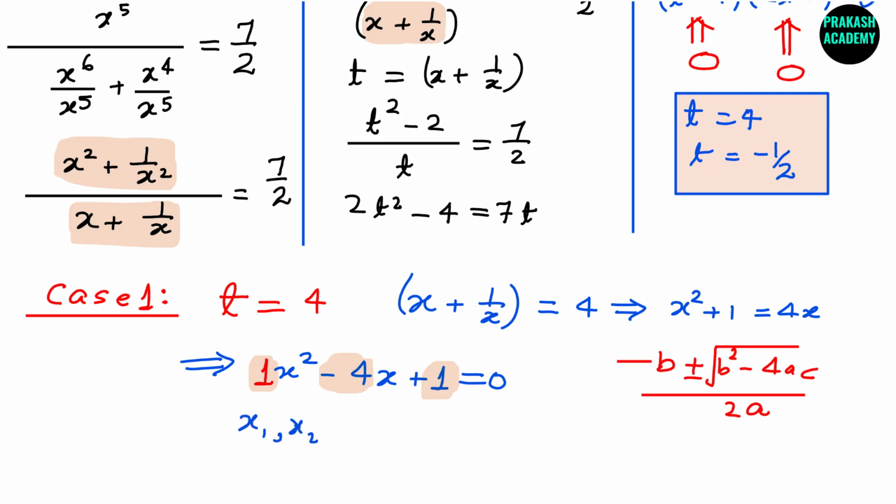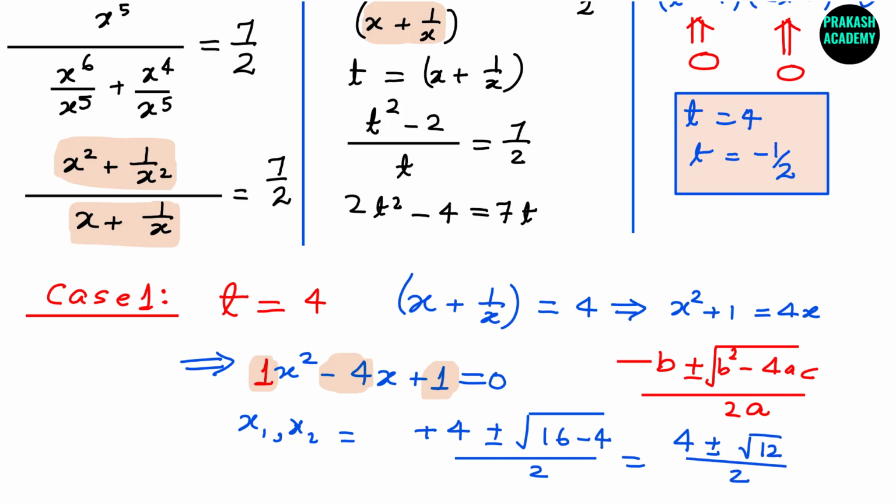So x1 and x2 will be minus b, so minus minus 4, that is plus 4, plus minus the square root of 4 square, that is 16, minus 4ac, so simply 4, divided by 2. So this is 4 plus minus root 12 by 2.